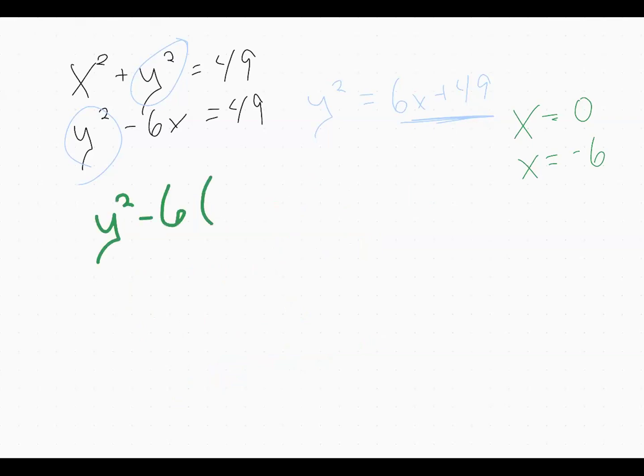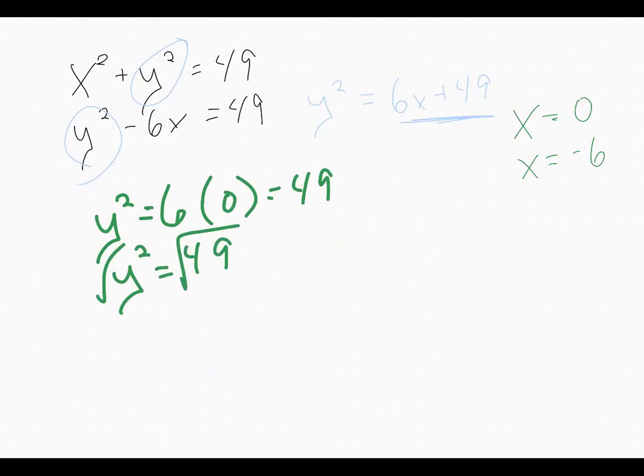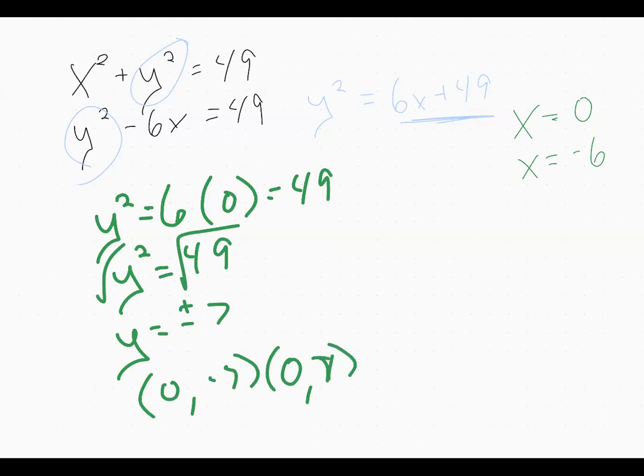So y squared equals 49, square root. So y equals plus or minus 7. I did that by plugging in 0. I end up with a -7, a 0, and a +7. I do not write well with my finger. All right, do it again.